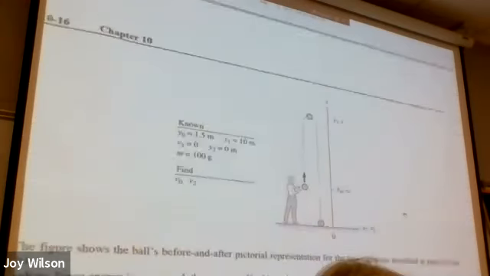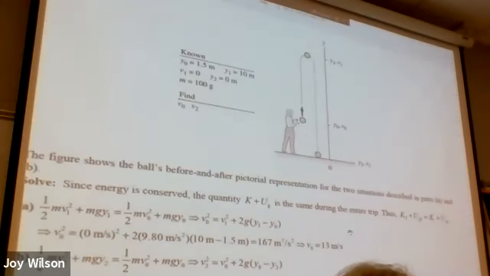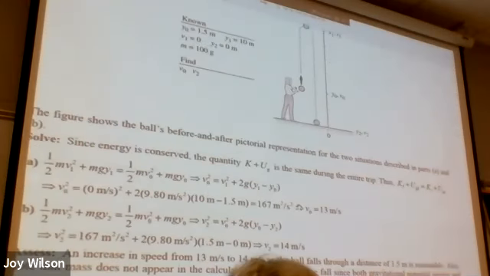So 29, let's see, 13 meters per second and 14 meters per second. So is that what you ended up with?